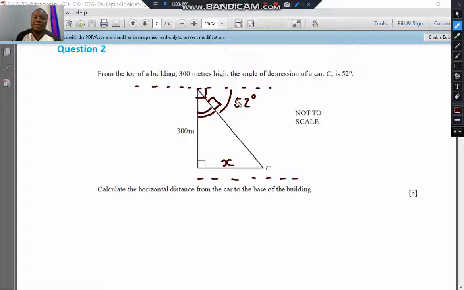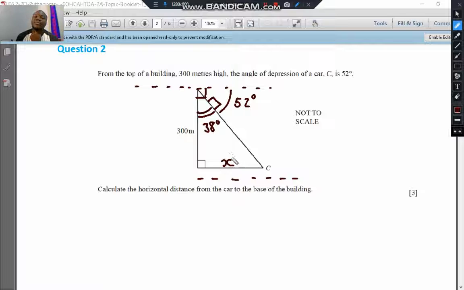So if you know that this should have been 90 degrees, then you've got 52 degrees. Then the angle inside the triangle with reference to that depression should be 38 degrees if you take away 52 from 90 degrees. All right. So now, having done this, this question is easy for us to work with.